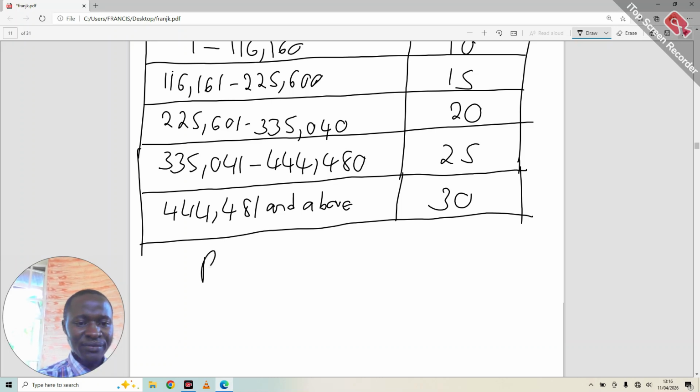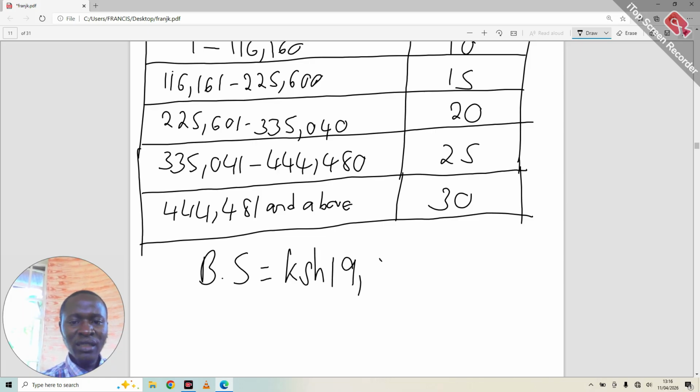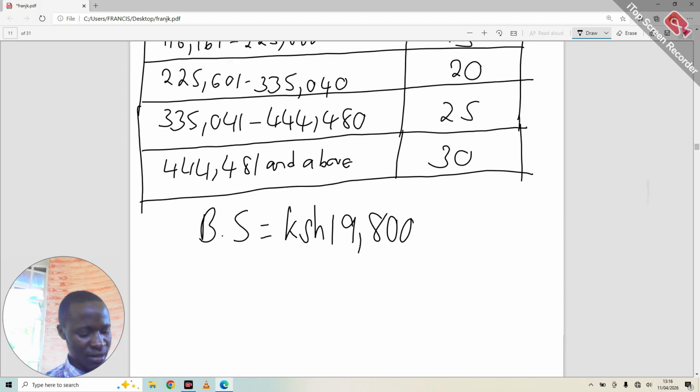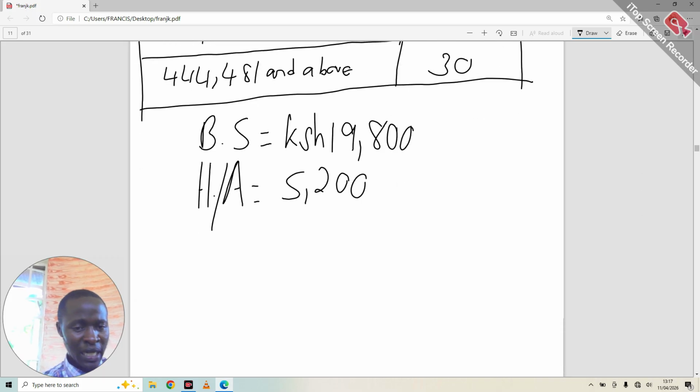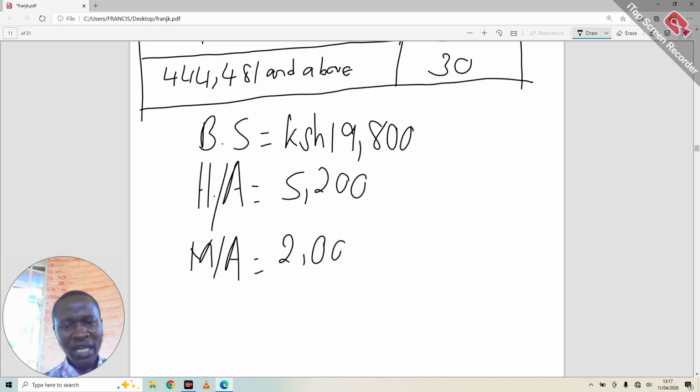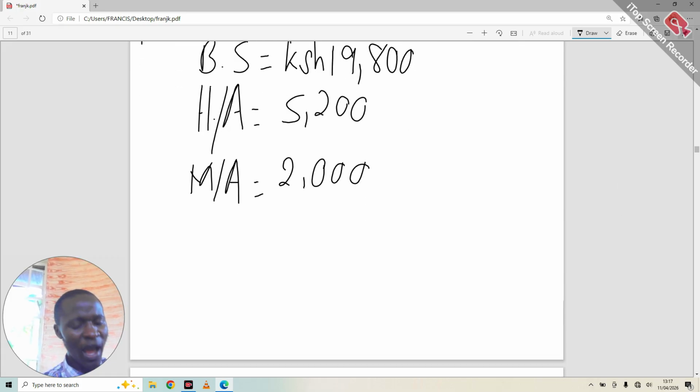Basic salary was Kenyan shillings 19,800. House allowance was 5,200 Kenyan shillings. Medical allowance was 2,000 Kenyan shillings.